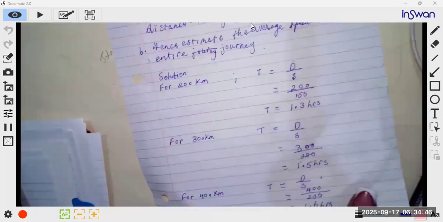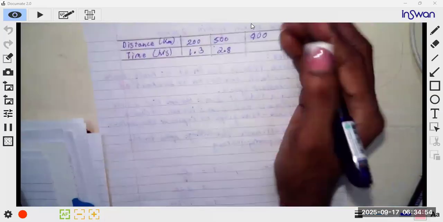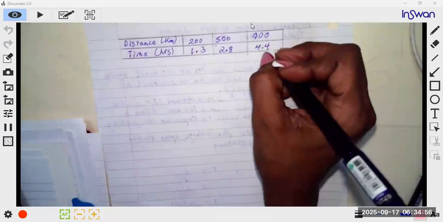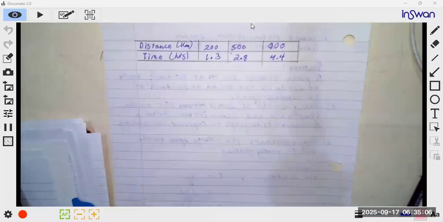That's how you get 900. And you will get 2.8 plus 1.6, and that's how you get 4.4 hours. Using this table here, this is what we'll be using to determine our graph. All right? Okay with that? So you all drew up the graph. This is the homework I'm going through.